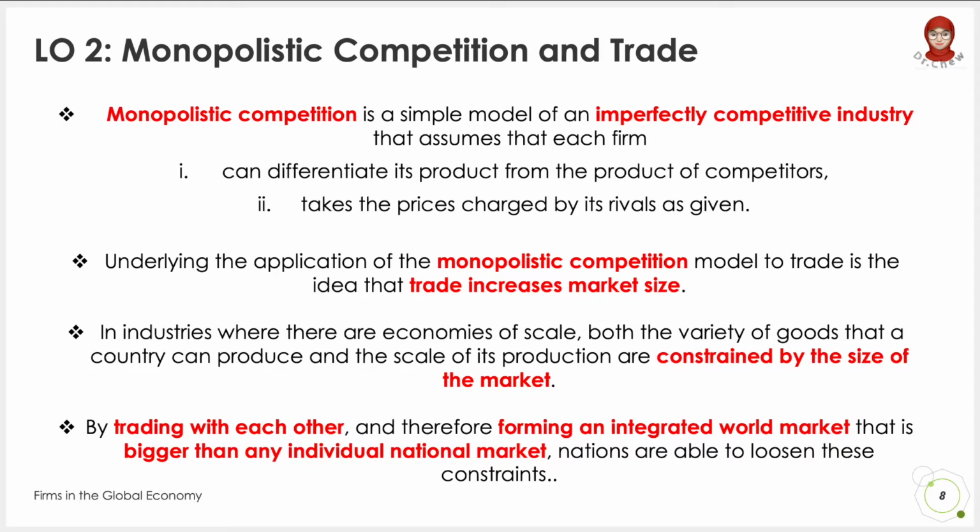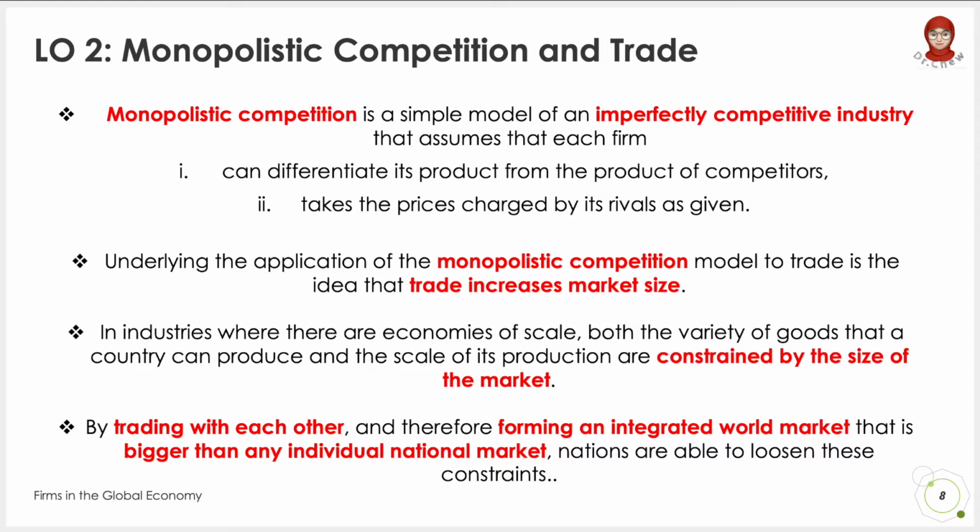Underlying the application of the monopolistic competition model to trade is the idea that trade increases market size. In industries where there are economies of scale, both the variety of goods that a country can produce and the scale of its production are constrained by the size of the market. However, by trading with each other and therefore forming an integrated world market that is bigger than any individual national market, nations are able to loosen this constraint.